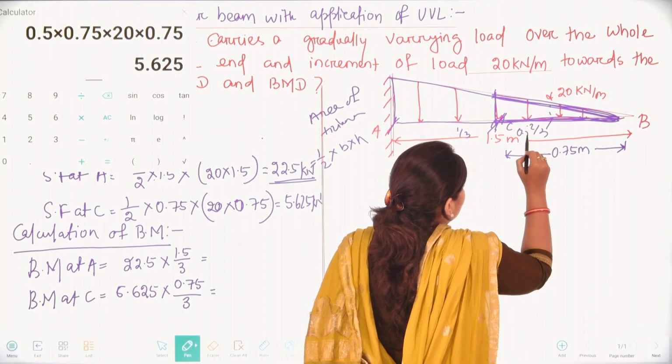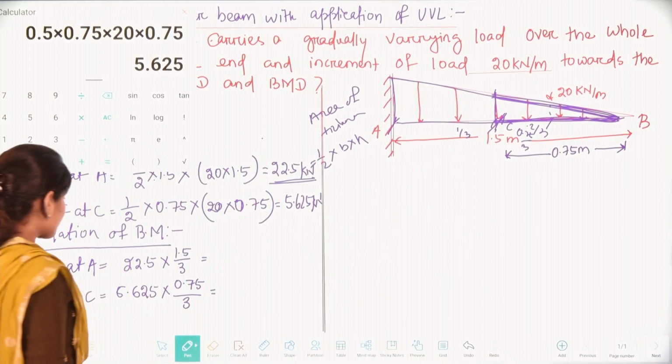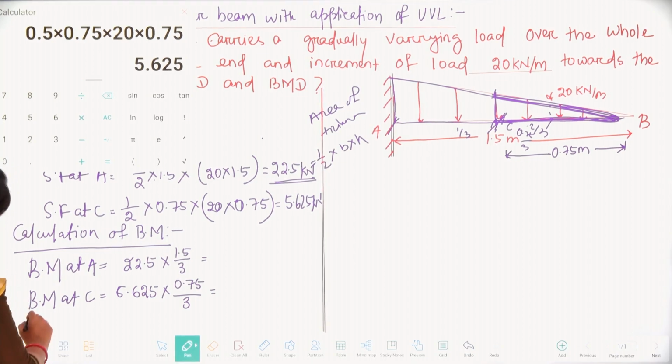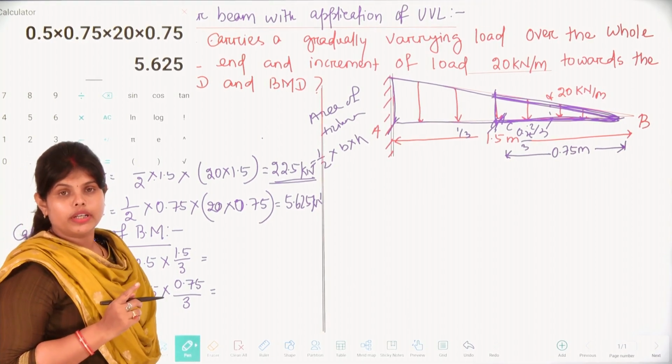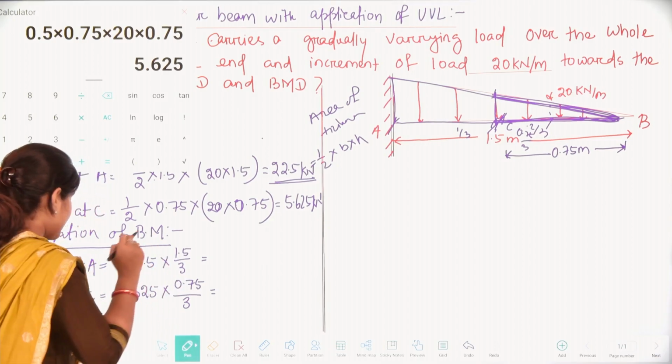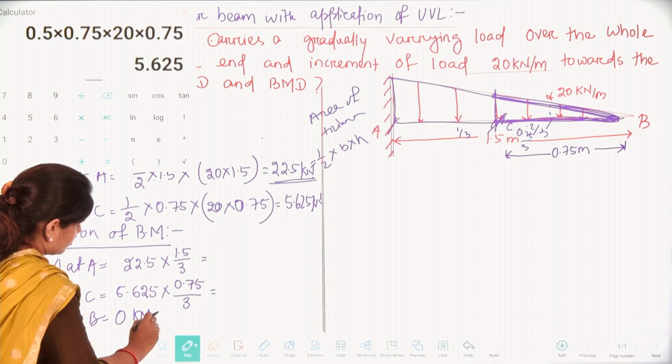So here we will have 0.75 by 3. Now the bending moment at B is not necessary, because we know the shear force at B is 0. If we multiply anything, we will have 0.